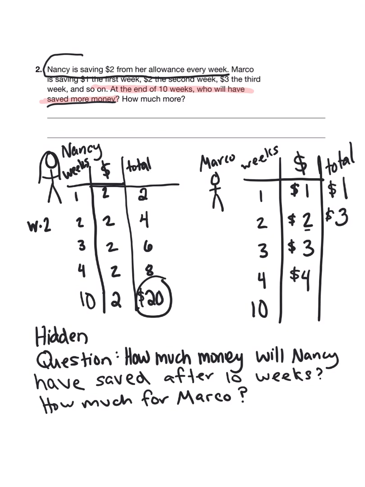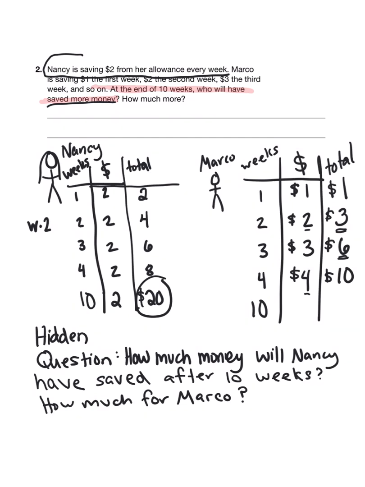And for the next week, he will have saved his $3 from the previous week plus 3, and that will be 6. Then we can just add the money from the previous weeks plus 4 to get a total of 10.